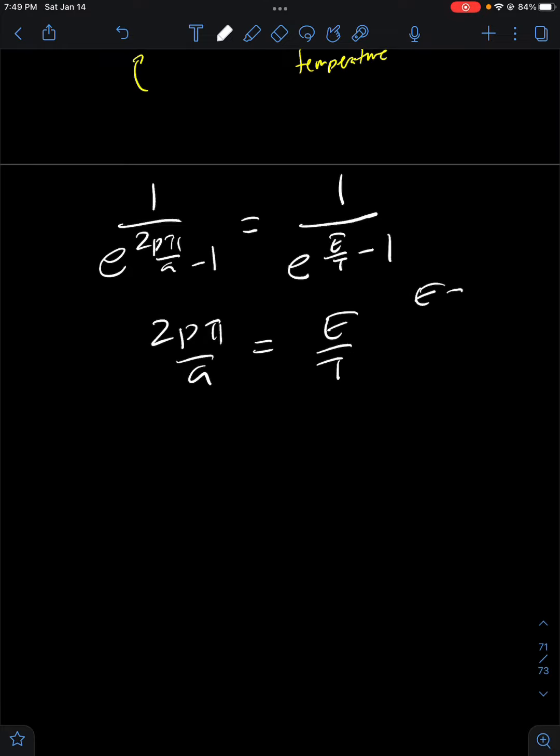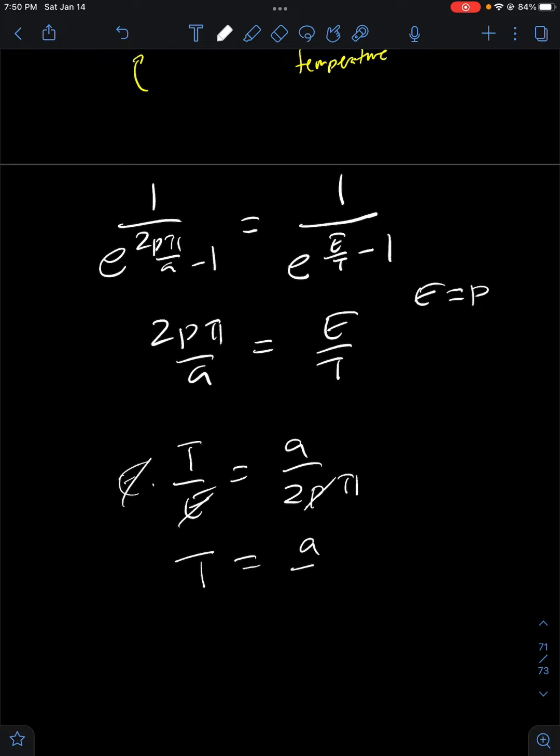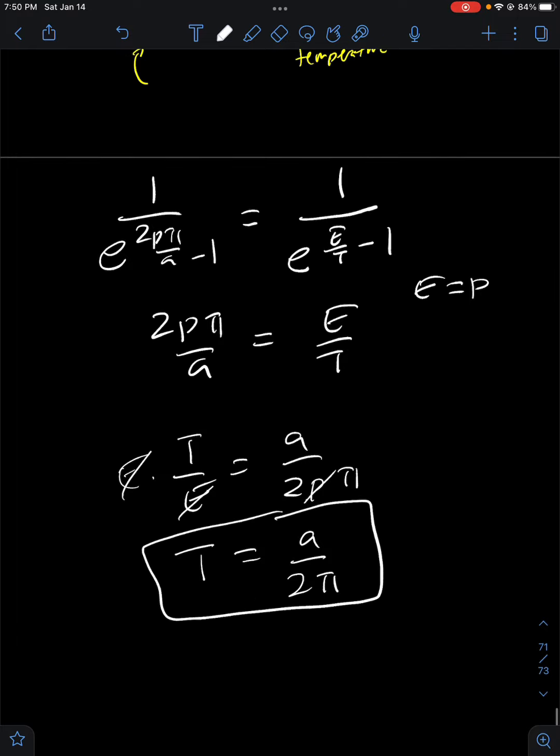And since e equals p for massless particles, we can rearrange some things. We would find that t over e equals a over 2p pi. We multiply both sides by e. This will cancel out. And we have t equals a over 2 pi. And that is the temperature that Rainbow Dash is going to see.